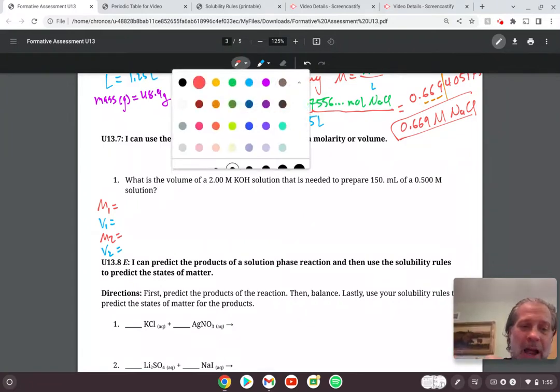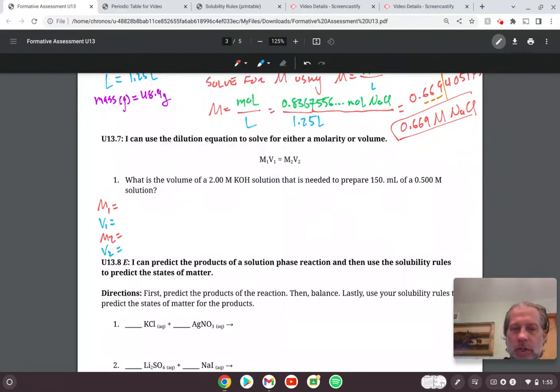So I'm going to go ahead and try to identify which is which. And it says, what volume of 2 molar KOH? The fact that my molarity here is huge and my molarity here is small, and by virtue of what dilution means, it means that we are going to add water to a more concentrated solution.